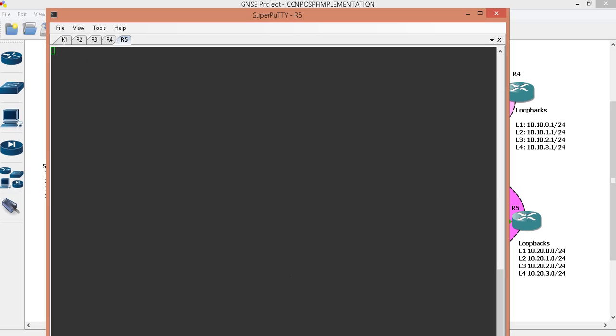I have my terminals here for cleanup. Router 1.